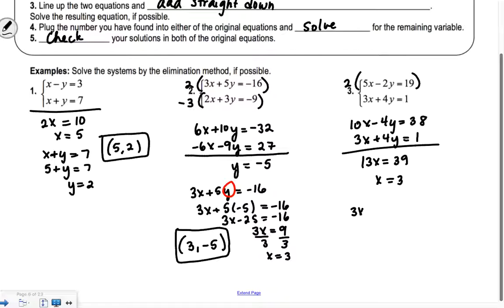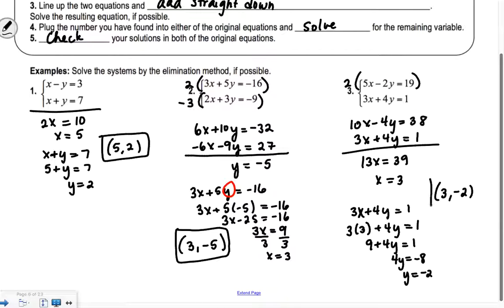Let's say I plug into 3x plus 4y equals 1. So I have 3 times 3 plus 4 times y equals 1. So I have 9 plus 4y equals 1. Subtract the 9 over, I get -8, so y is then -2. So our answer is 3, -2.